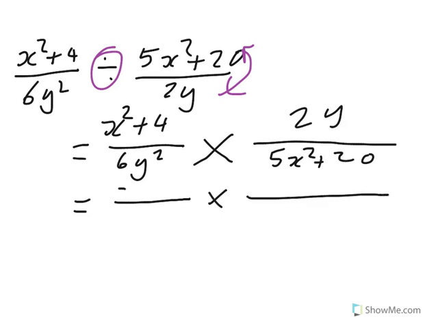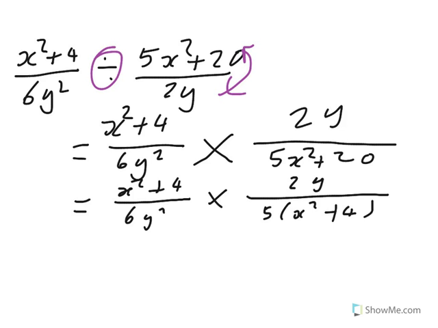Then we look at whether anything can be factorised. First fraction, nothing can be. Second fraction, on the bottom 5 can come out as a common factor, and that leaves us with x squared plus 4.